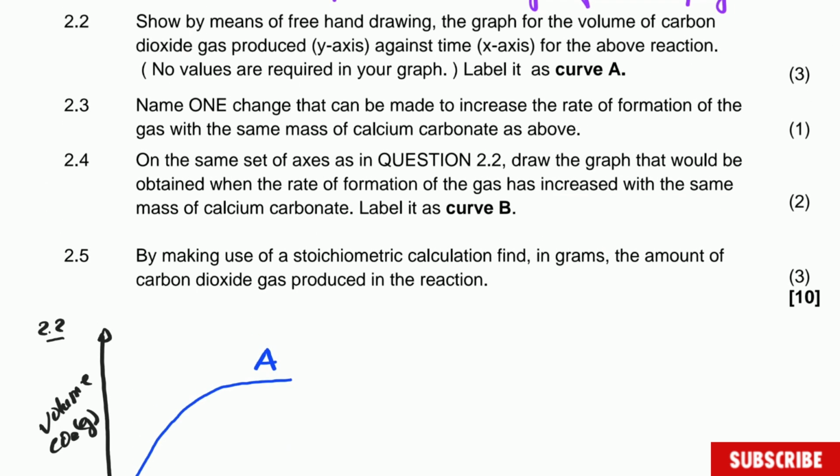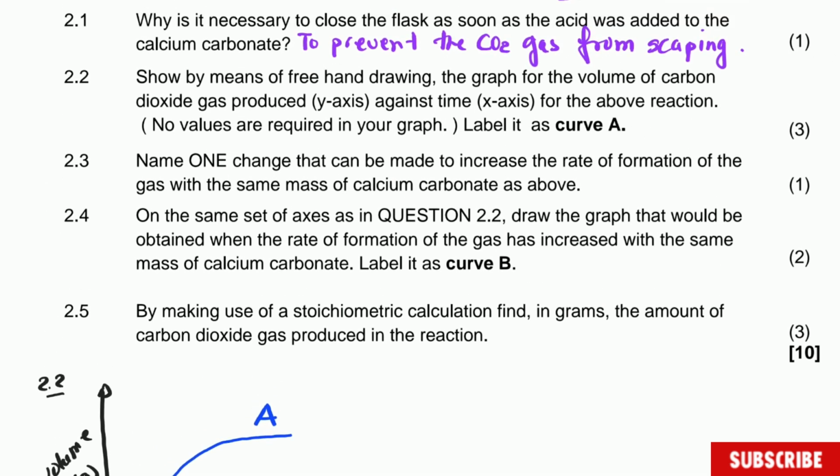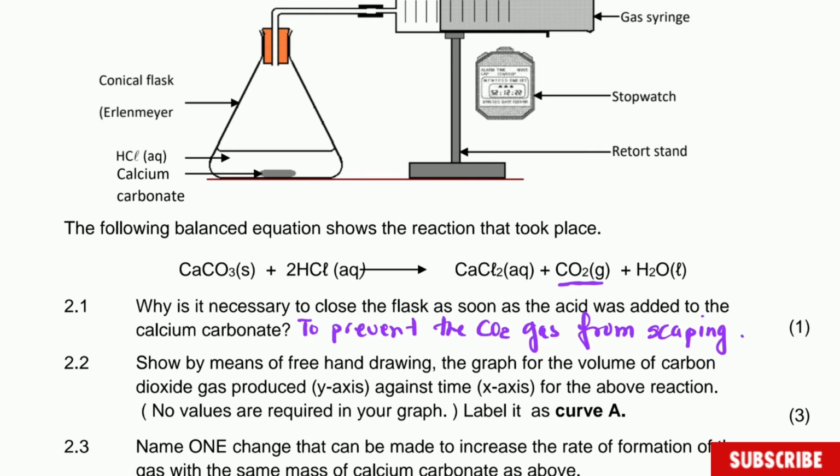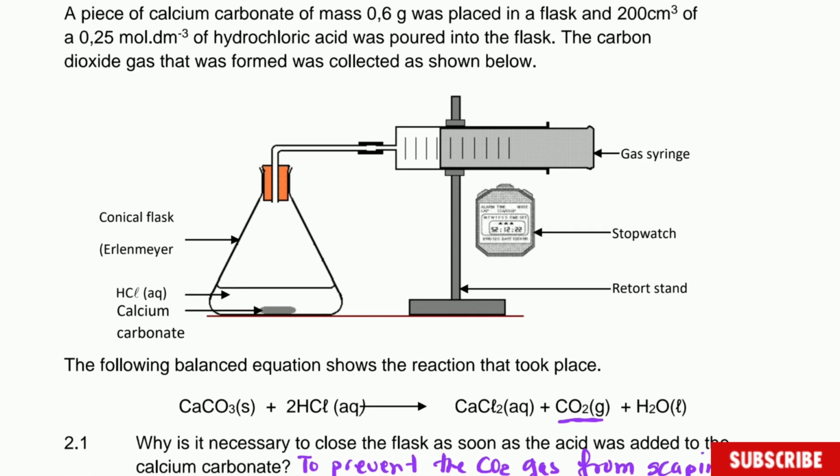That is question 2.2. Name one change that can be made to increase the rate of reaction for the gas with the same mass of calcium carbonate above. Okay, let's see what factors can affect this specific reaction. Remember, there were 5 factors that affect the rate of the reaction, but not all of them can affect this reaction.